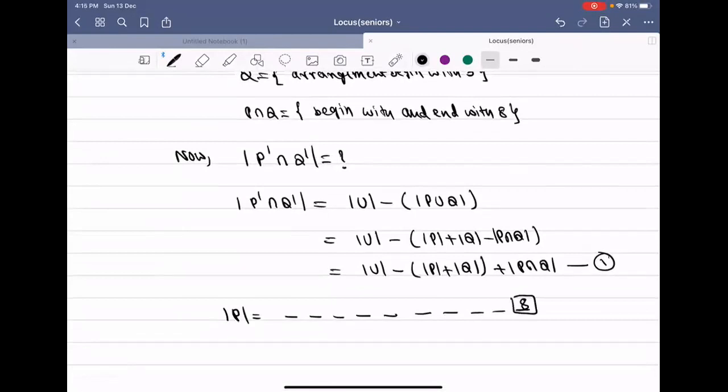This is just an arrangement, not a 4-digit or 5-digit number, so 0 is allowed even in the last place. End with 8 means 8 is fixed. So how many digits remain? Excluding 8, 9 digits remain. These 9 digits can be arranged in how many ways? 9 factorial ways.